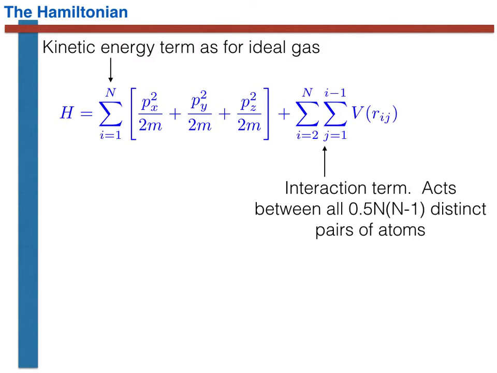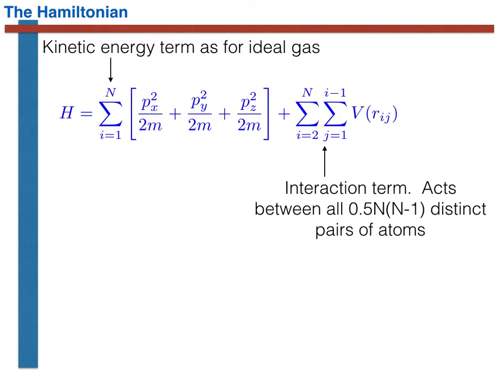Within the summation, you then have a function v that is a function of the vector r_ij that connects atom i to atom j. In fact, this function is often simply a function of the modulus of r_ij. In other words, it is often just a function of the distance between the two atoms. Furthermore, the fact that the energy depends on this distance makes a lot of sense, as we know that when atoms or molecules are close together, they will repel each other because the electron clouds overlap.